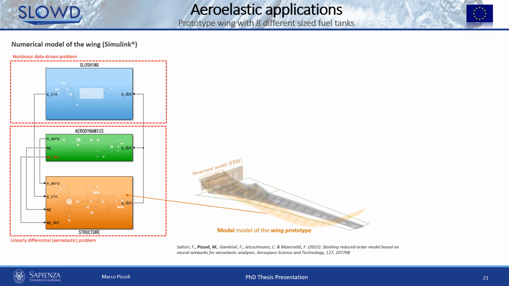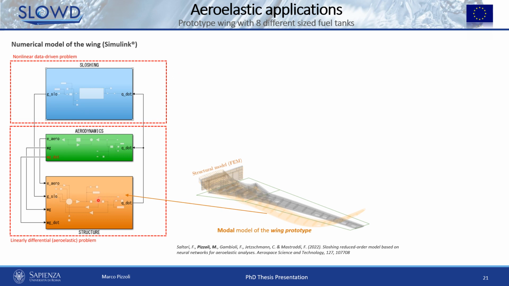The first application studied consists of a model of a prototype commercial wing having 8 tanks of different sizes within it. The numerical modeling was done in Simulink again, realizing a hybrid model in which a linear differential problem here interfaces with a nonlinear data-driven problem.